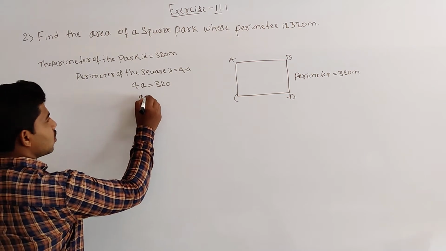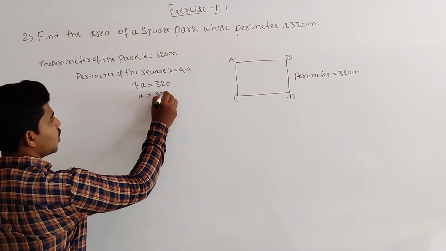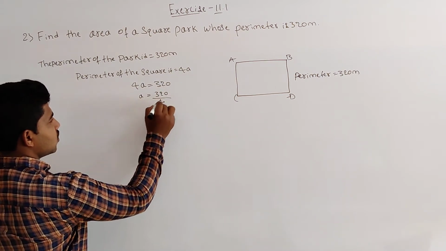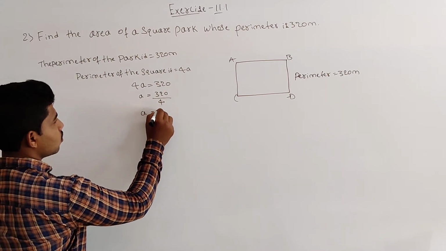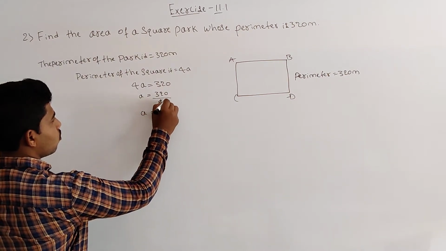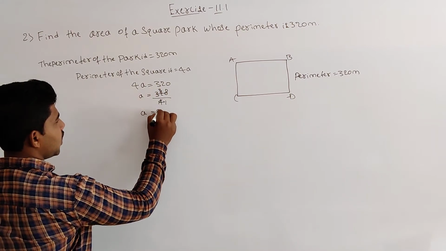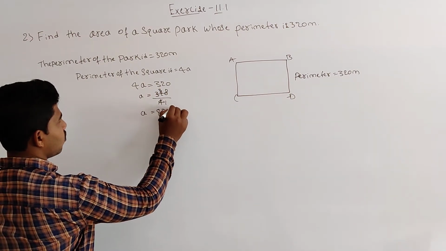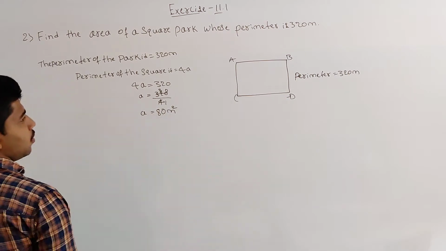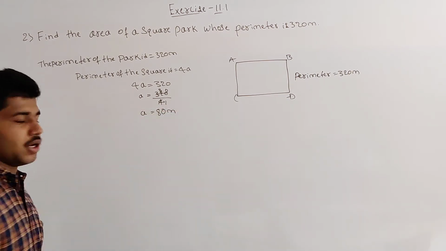Then a is equal to 320 divided by 4. 4 eights are 32, so a is equal to 80 meter.